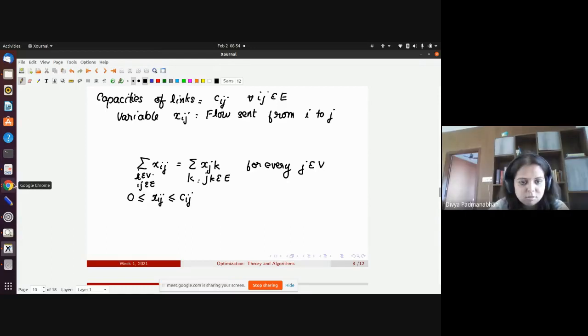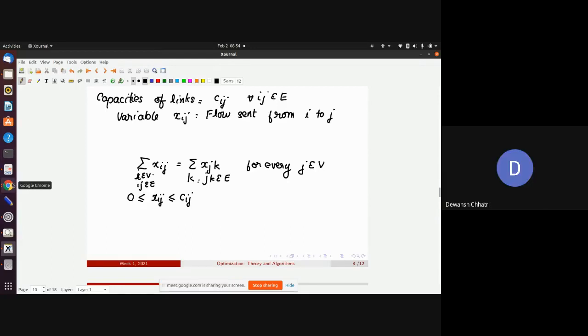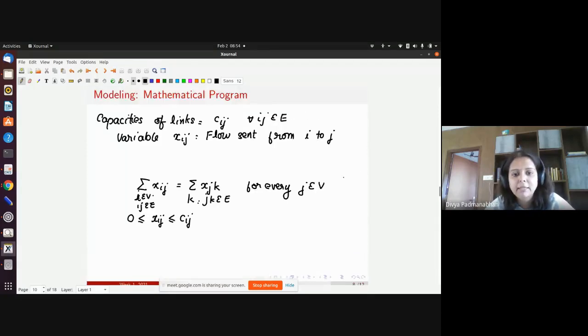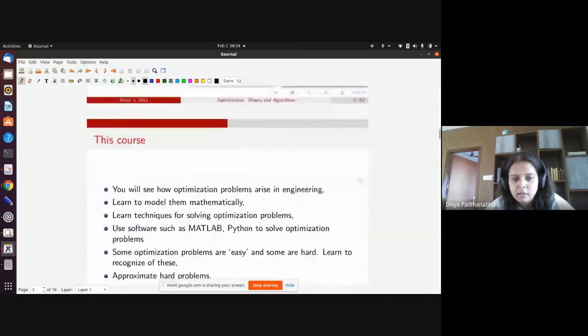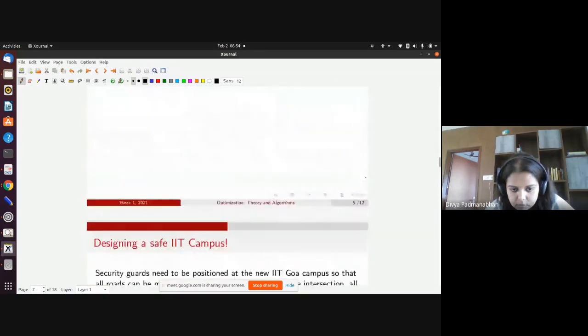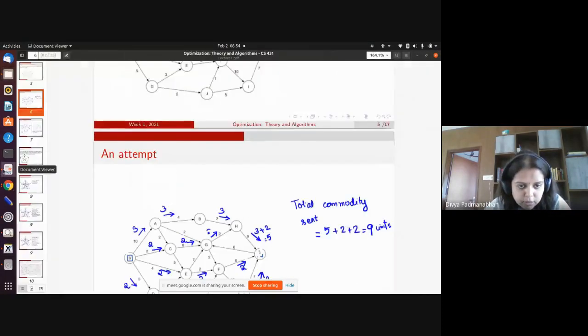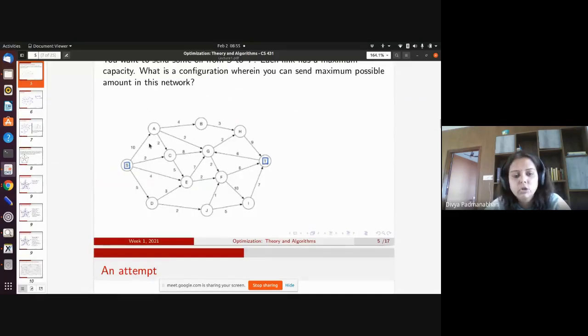I had a doubt. For the first set, from summation of xij, should it be less than or equal to summation of xjk? No, this should be equal for every node because you don't want any balance, right? You remember at every node, at A for instance, you want everything that's coming in to exactly match something going out.